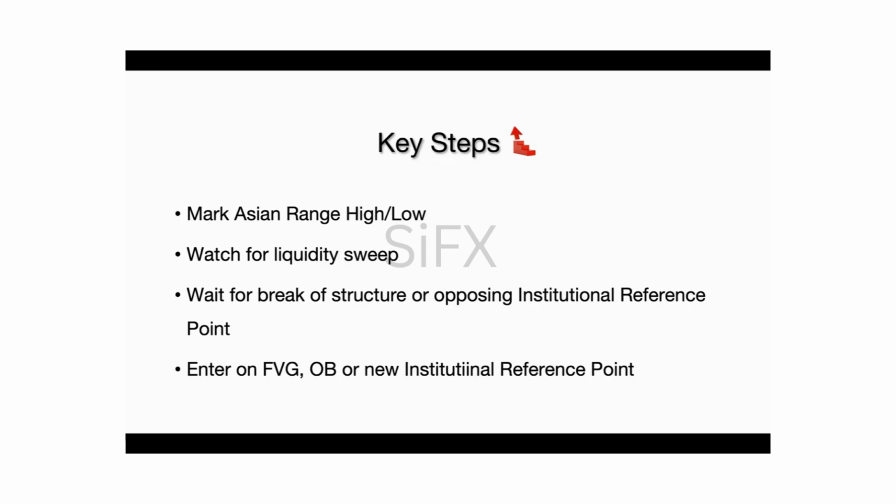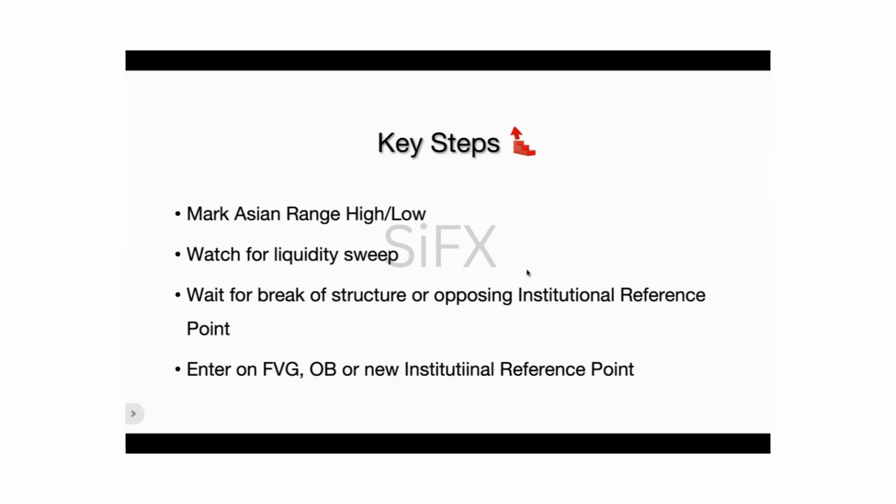Sometimes when the Asian range did not really give you that clean consolidation market, like we would normally expect, you just want to watch out for clean highs and clean lows, relative equal highs and relative equal lows. The next step is to watch out for break of structure or opposing institutional reference points.